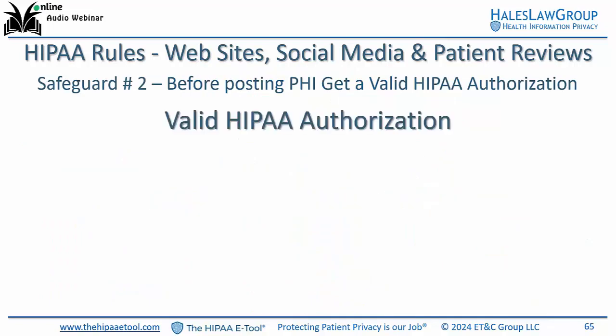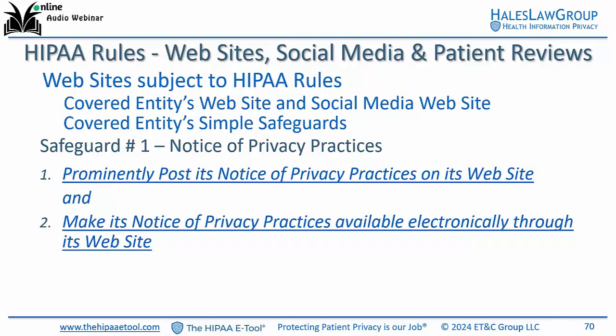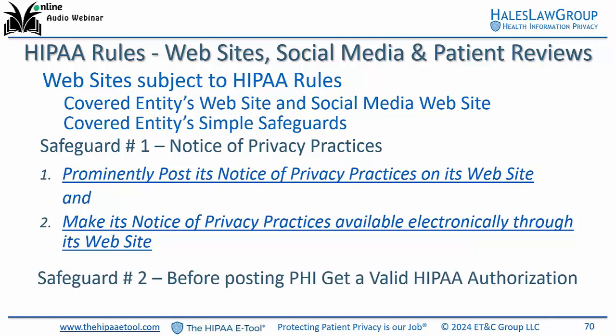What is a valid HIPAA authorization? Well, it has six specific elements: three core elements and three required statements. They're all explained if you click on that link. Safeguard number 1, notice of privacy practices, prominently posted. Safeguard number 2, before posting, get a valid HIPAA authorization.